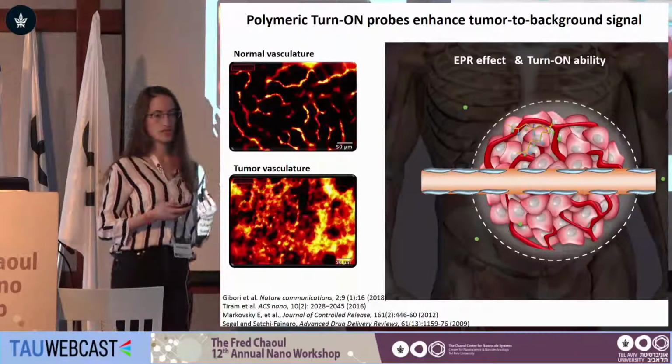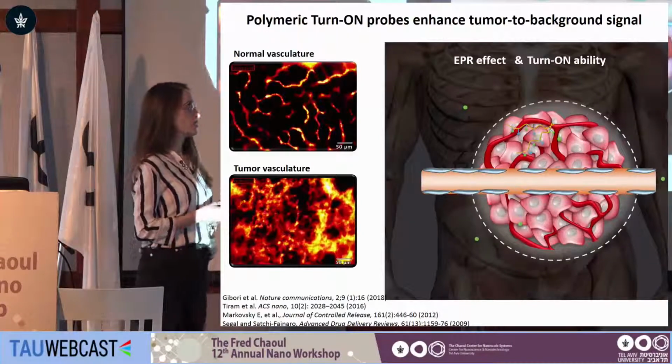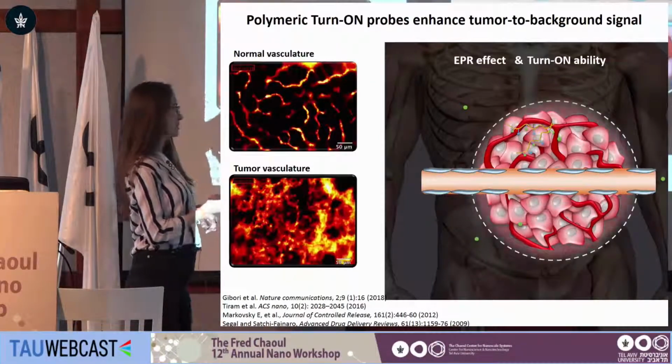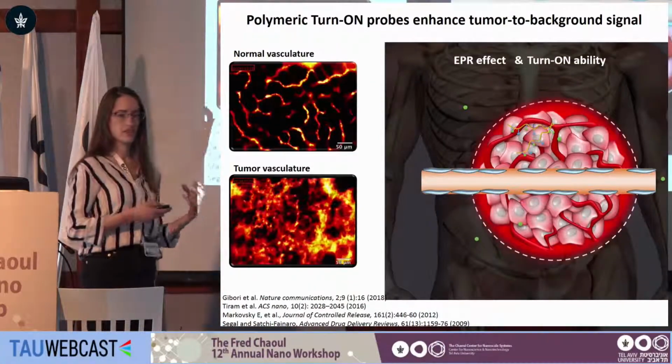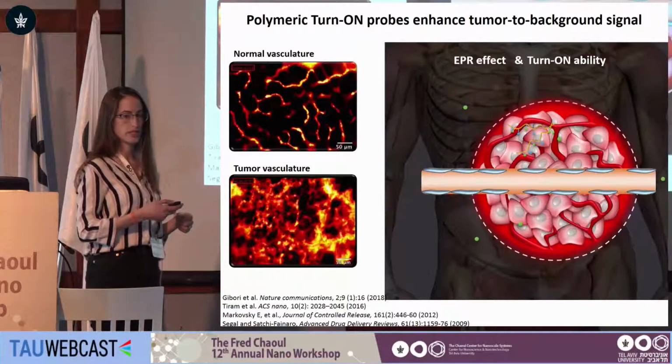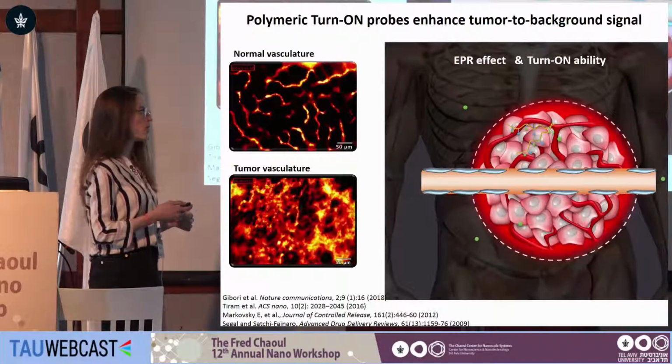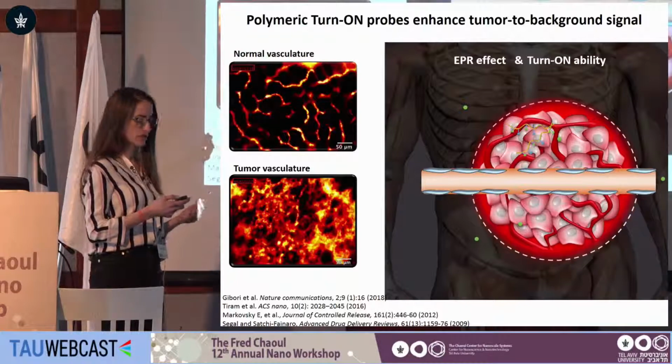And with the addition of turn-on ability, we can also gain its activation in the tumor site to generate a fluorescent signal that will glow over the dark background of the healthy tissue.